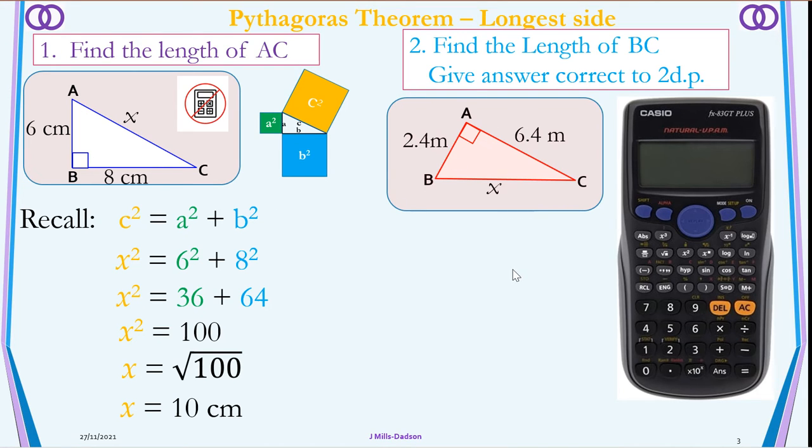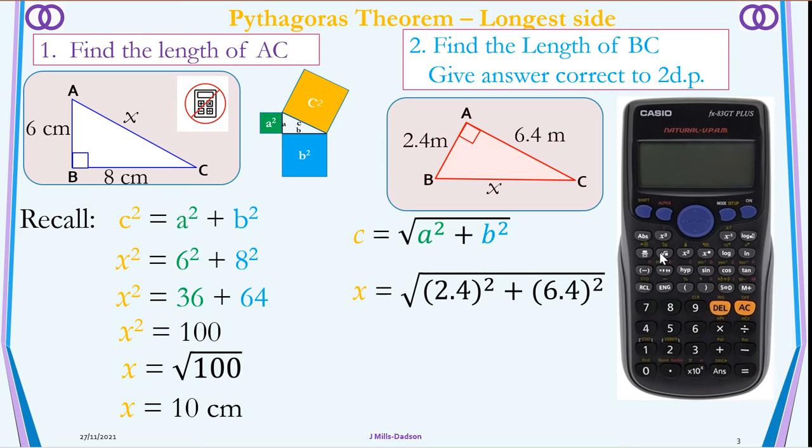When it's calculator method, just remember, because at the end we're going to find the square root and it's an addition rule, you just have to start with the square root and just do exactly what you would normally do. So you don't need to go through all these steps. So this is your A, this is your B. Square each of them and just put them under the square root. So you just hit the square root button, 2.4, then the x squared represents square.